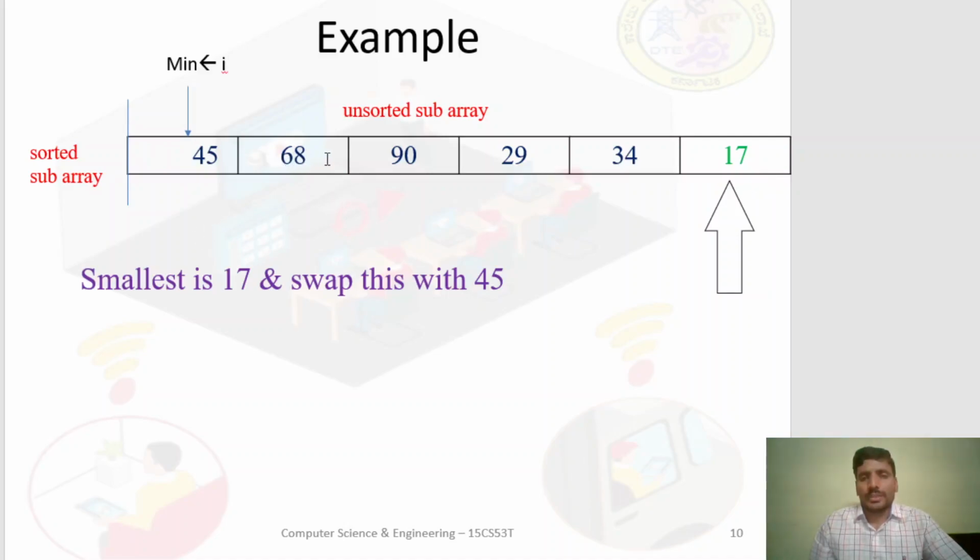So you can see here the smallest element in the array is 17. First smallest element in the array is 17. Then what to do? Swap the 17 with the current min, right?